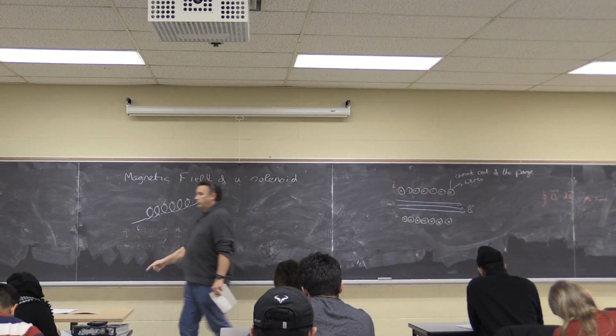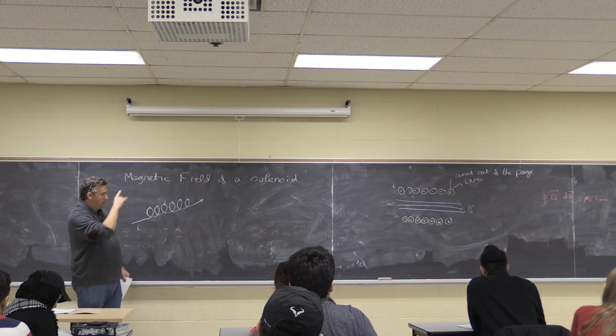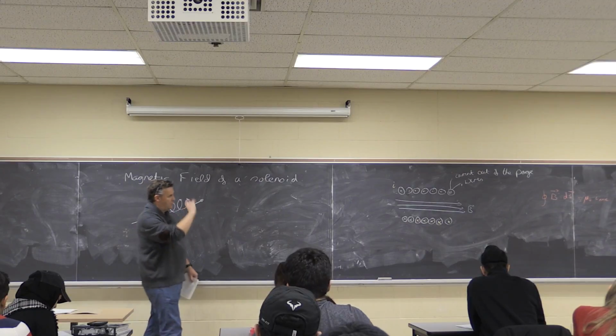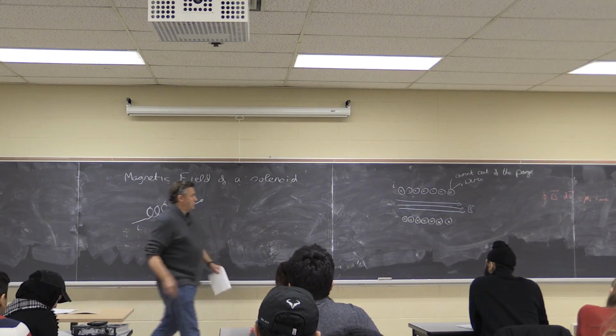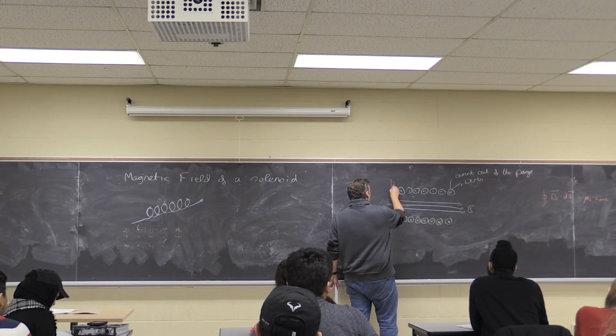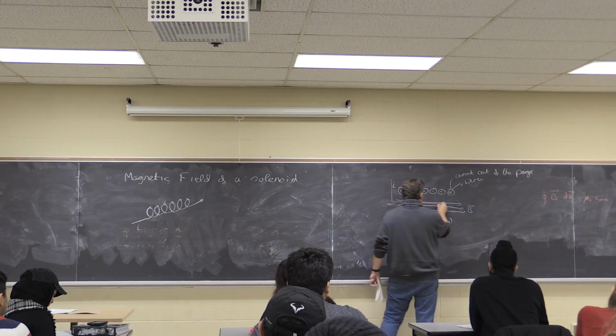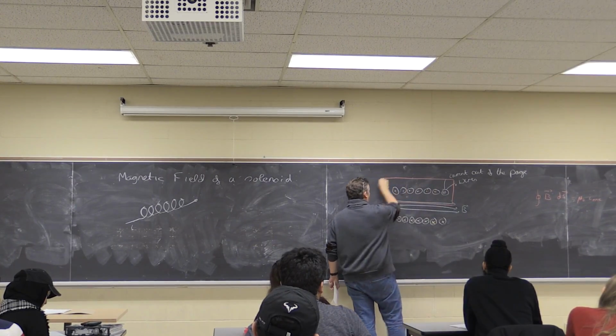So if we draw a loop somewhere, we capture all the current, or we lasso a certain part of this, we can use this expression to perhaps work out the magnetic field. So we need to choose our loop, and the loop we're going to choose is similar to something we've looked at before, but let's choose a rectangular loop.